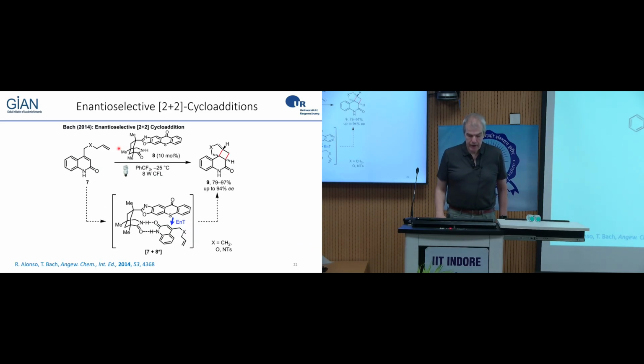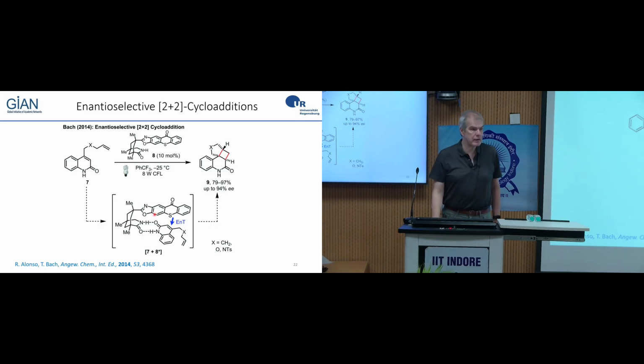Okay. Here's an example which I would like to show, and I hope we have the time, something I have also prepared for the tutorial yesterday, and as I said, we're a little bit behind of what I thought we can do. This is now an enantioselective 2+2 cycloaddition, and that again comes from Thorsten Bach, who's doing a lot of asymmetric photoreaction.